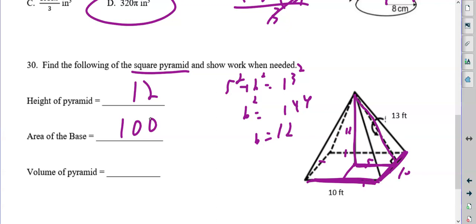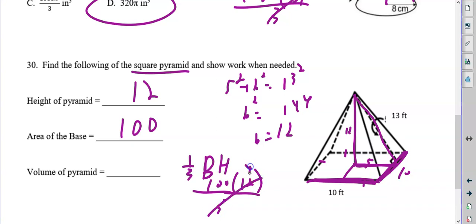And last but not least, the volume of the pyramid. Remember, volume of a pyramid is 1/3 area of the base times the height. The area of the base is 100, the height is 12, divided by 3.